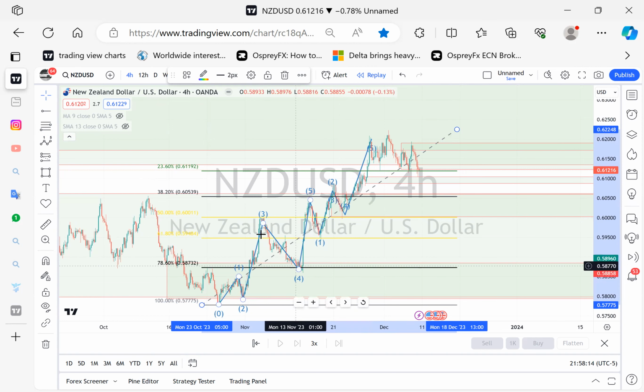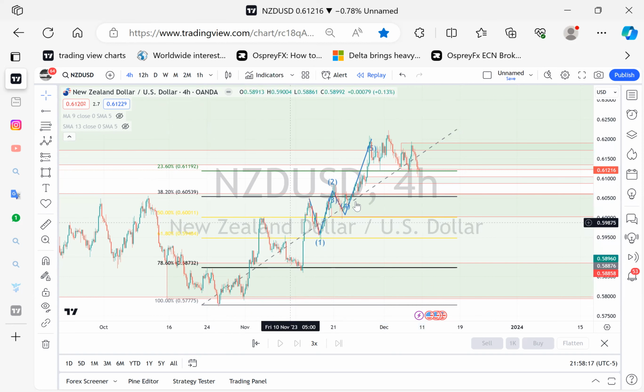So if I delete my drawings and I understand that a 78% pullback is an optimal trade entry, and I understand that my imbalance is here, there's a pretty good chance that price is pulling back to my imbalance. So I can take a trade and sell it in order to buy it once it reaches this area.